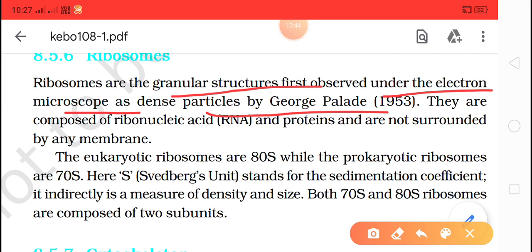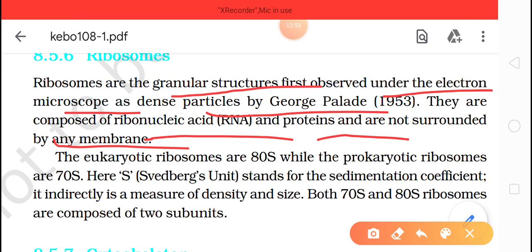They are composed of ribonucleic acid and proteins and are not surrounded by any membrane. The ribosome is not surrounded by any membrane, and it is composed of RNA and proteins.